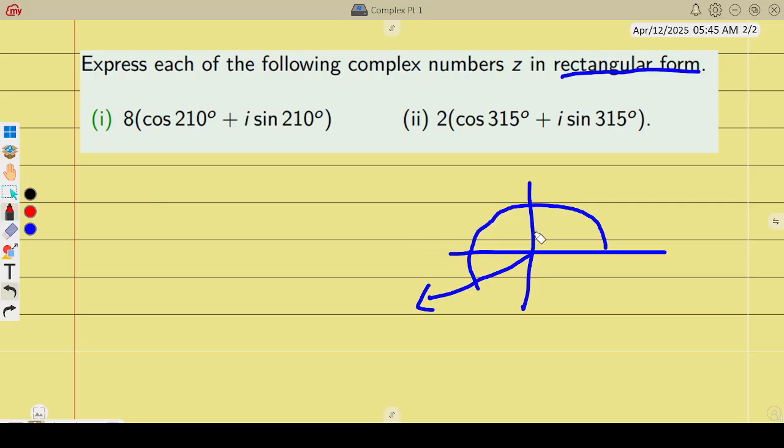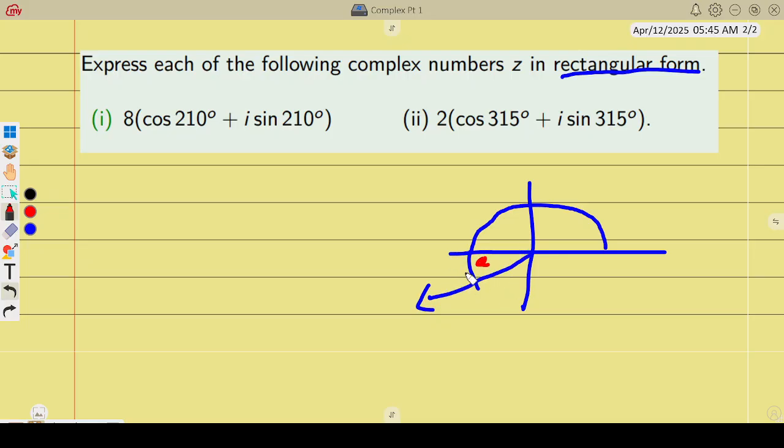So the helping angle, the reference angle, is this one in here between the x-axis and this r.